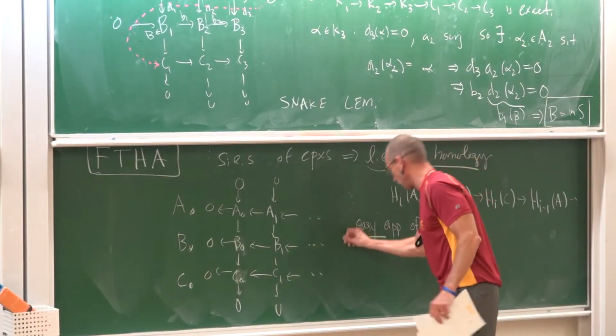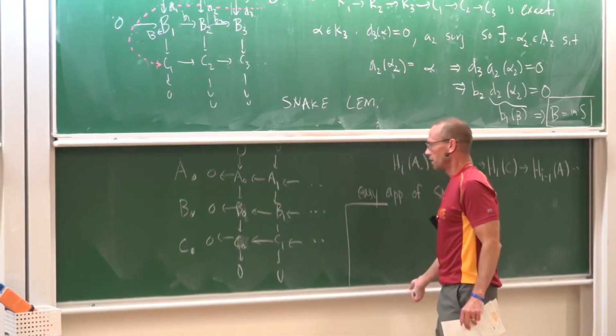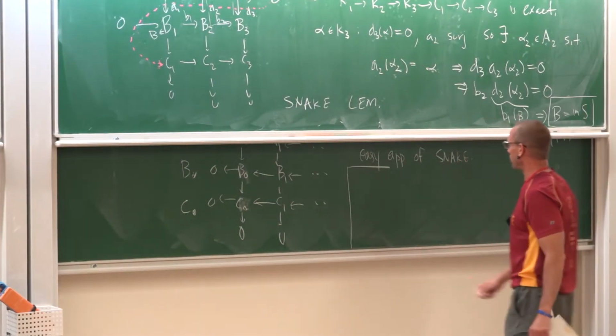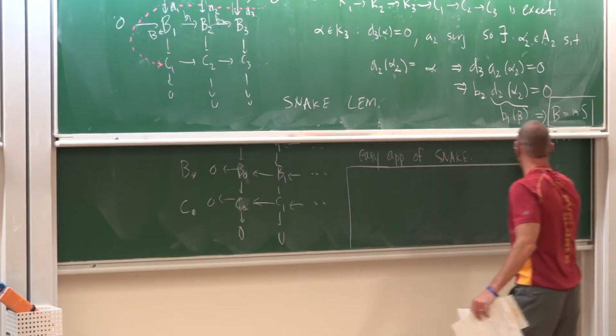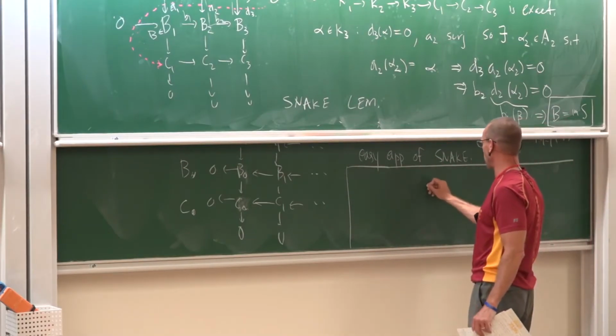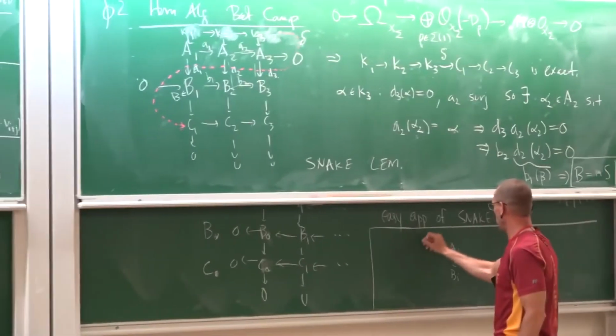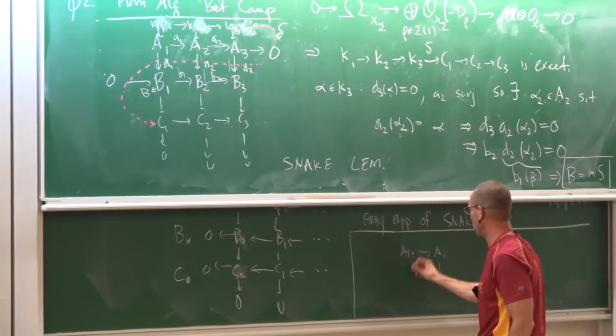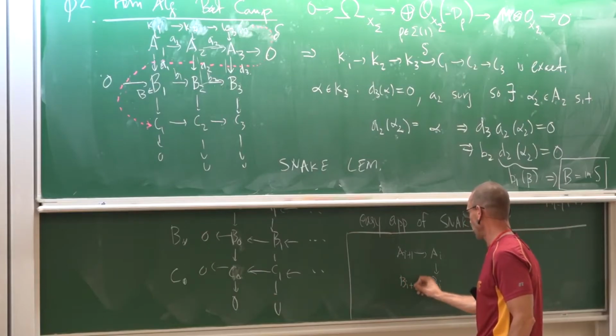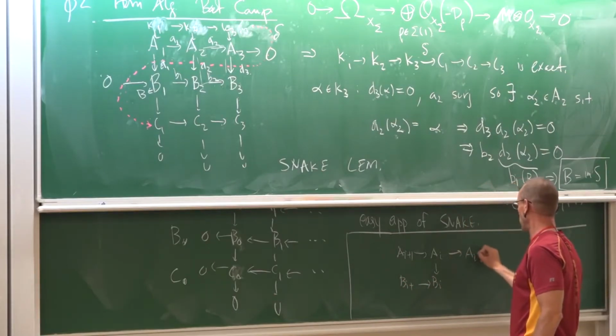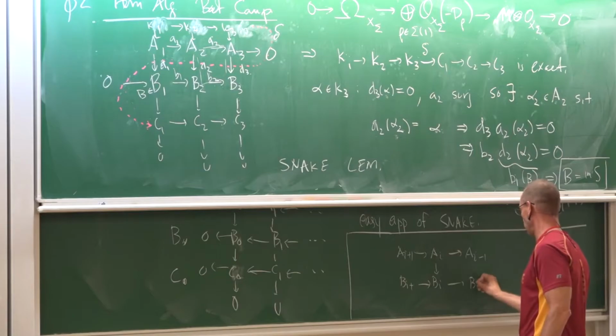So let's do one last diagram chase exercise, which is that if I have a map of complexes, so if I have a map from AI to BI, say AI plus 1, BI plus 1, AI minus 1, BI minus 1.